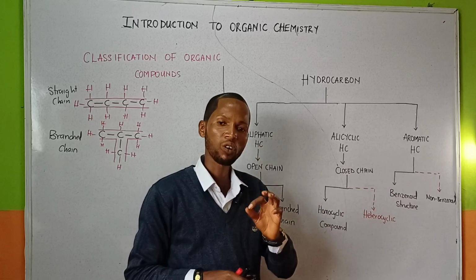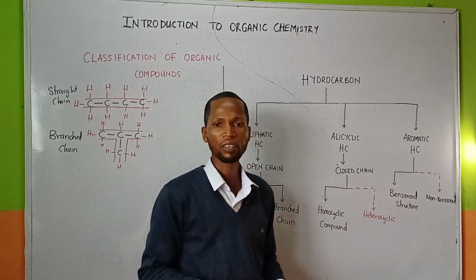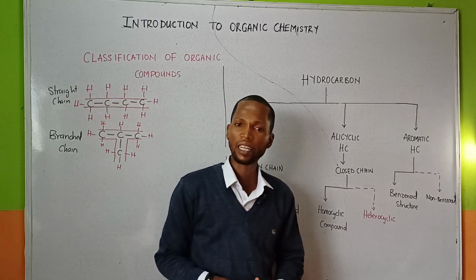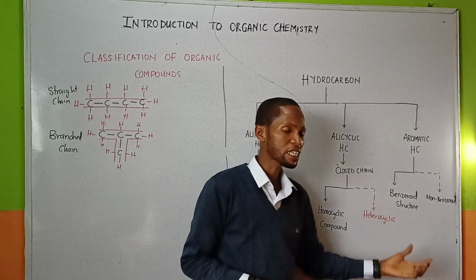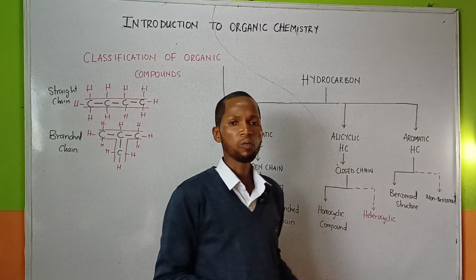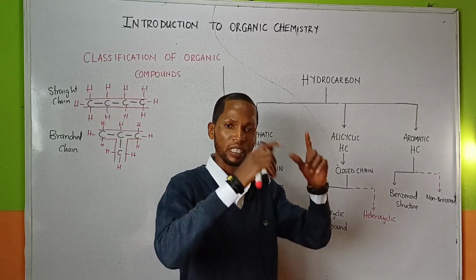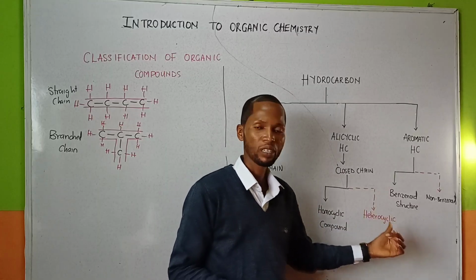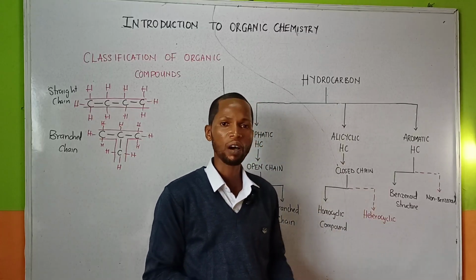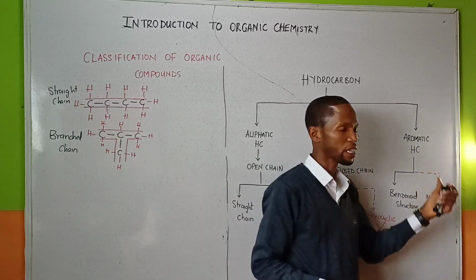So when it is only carbon atoms in the ring structure, we say it is a homocyclic hydrocarbon or homocyclic compound. Heterocyclic compounds are not hydrocarbons because when we have a heterocyclic compound, we have atoms other than carbon in the ring structure. So we cannot refer to a heterocyclic compound as a hydrocarbon. So this is not hydrocarbon.